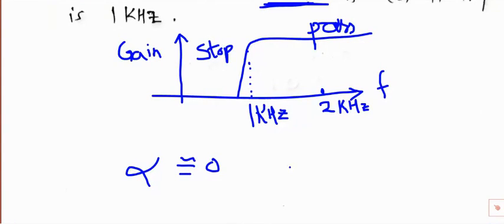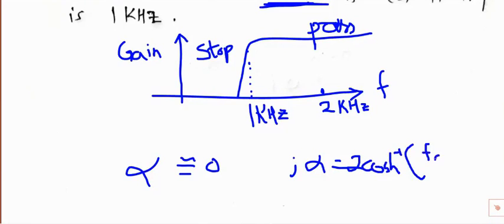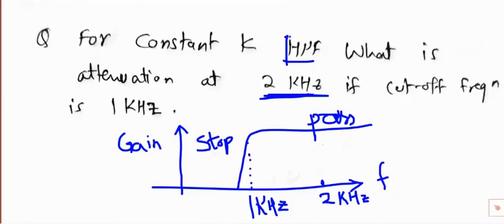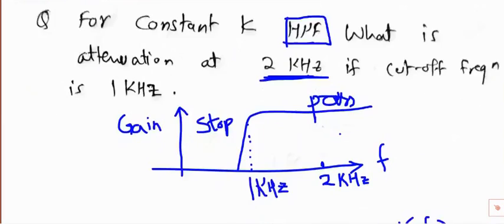Okay, and what is the basic formula of attenuation? Alpha equal to 2 cosh inverse fc by f. Formula is fc by f for high pass filter, because in the question they have mentioned high pass filter. So ये चीज भी पढ़ना बहुत important है, high pass filter.